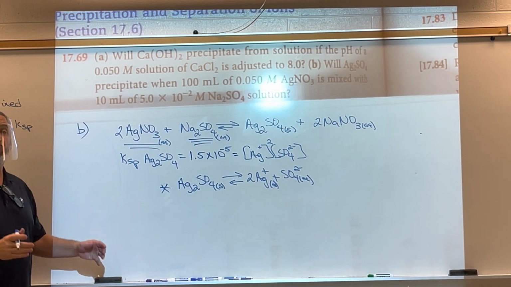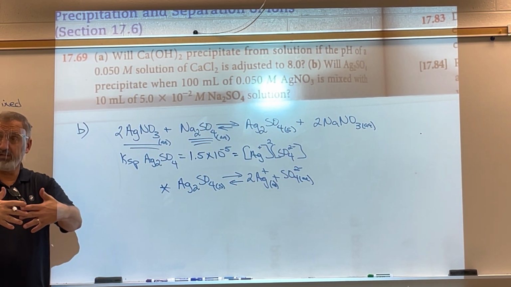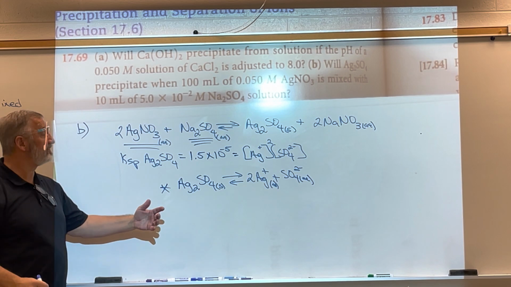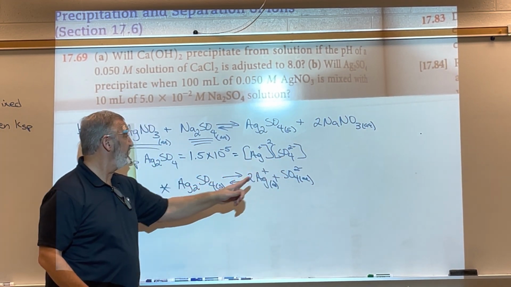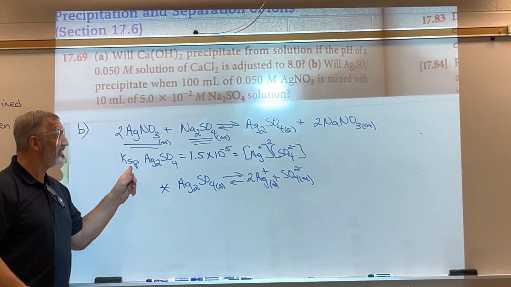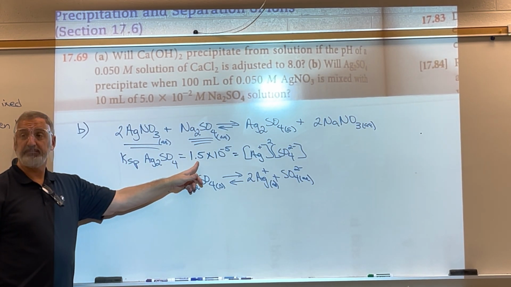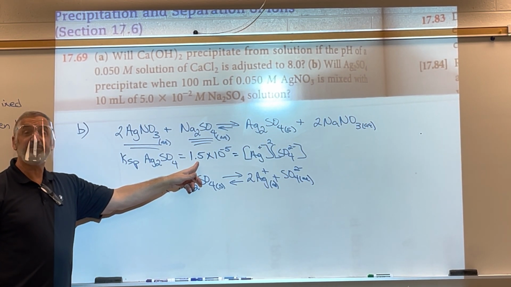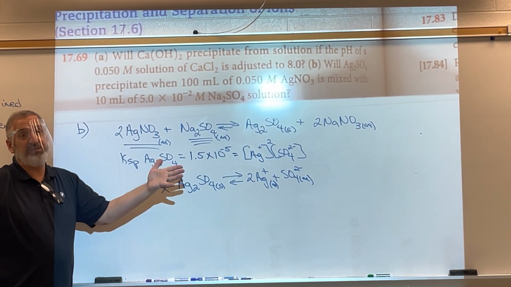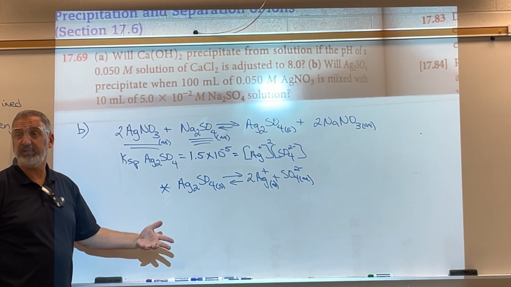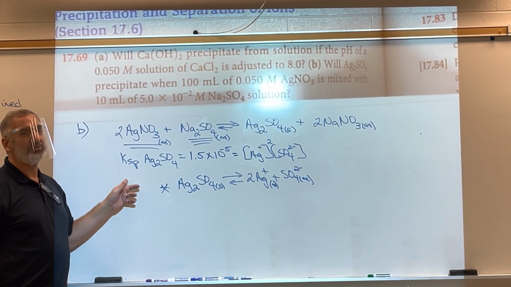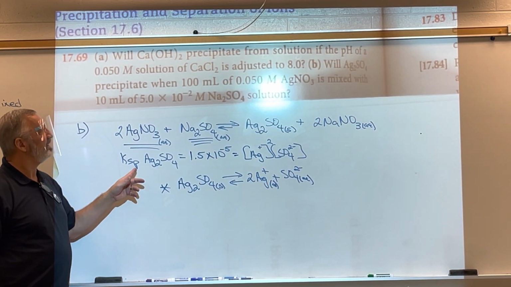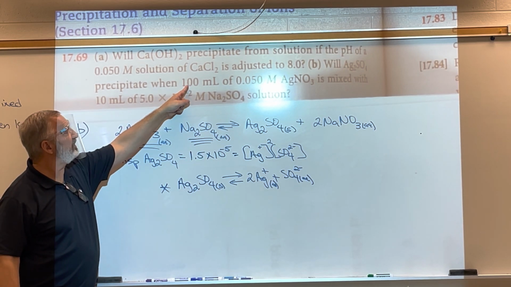So I have to find out, once they're mixed together, whether the concentration of silver squared times the concentration of sulfate is going to exceed this given KSP. So I have to find Q, which is written exactly the same as KSP, and then compare it to my given KSP.